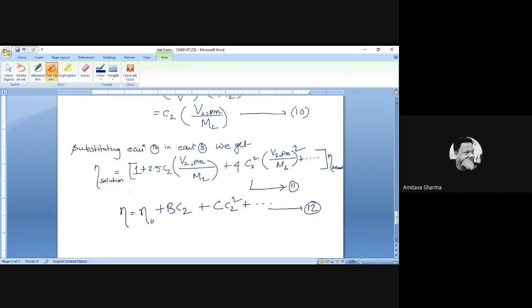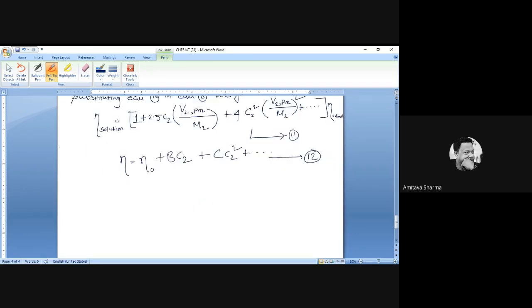So that's how we can calculate the term C from the equation.